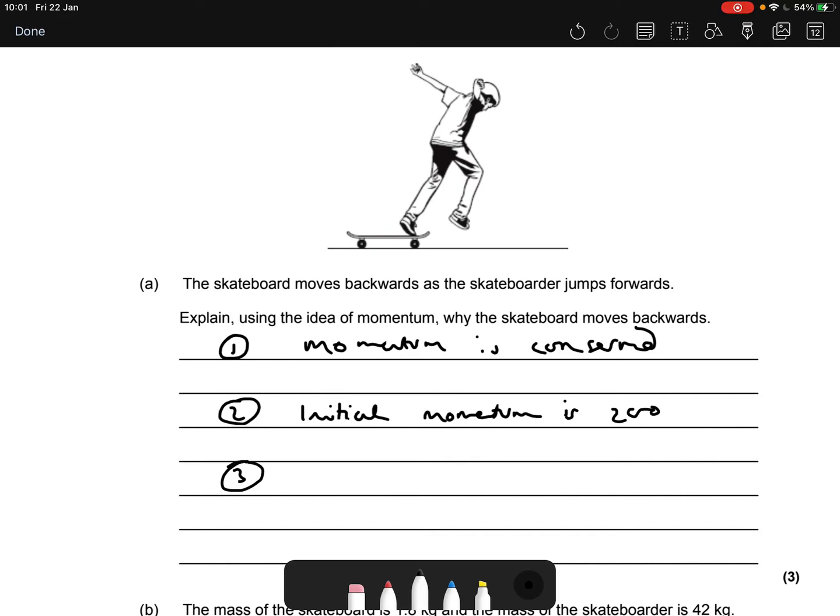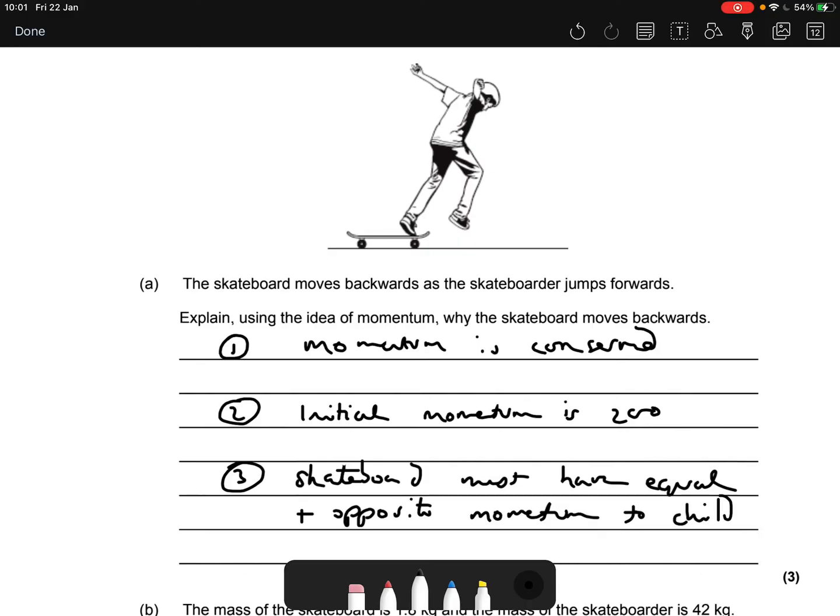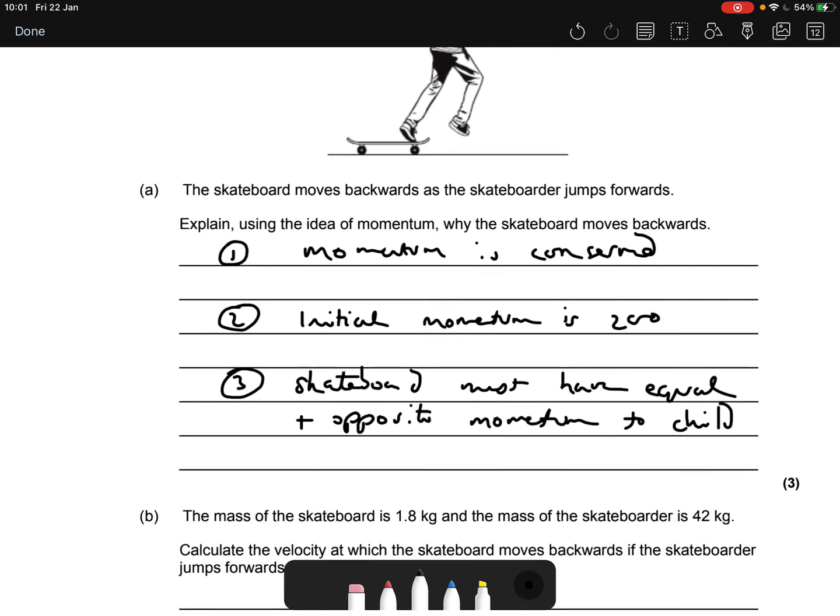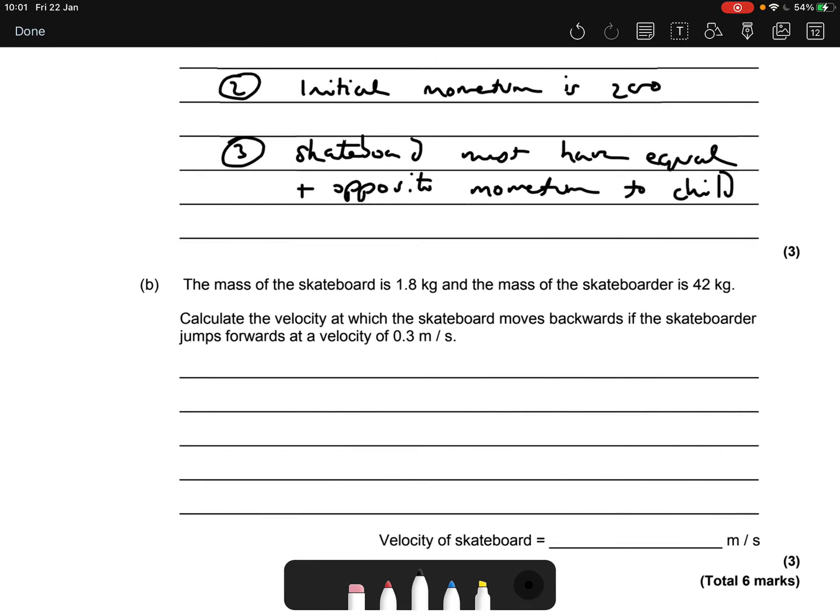And if the initial momentum is 0, that means that the skateboard must have equal and opposite momentum to the child who jumps off it. So those are the three key points.